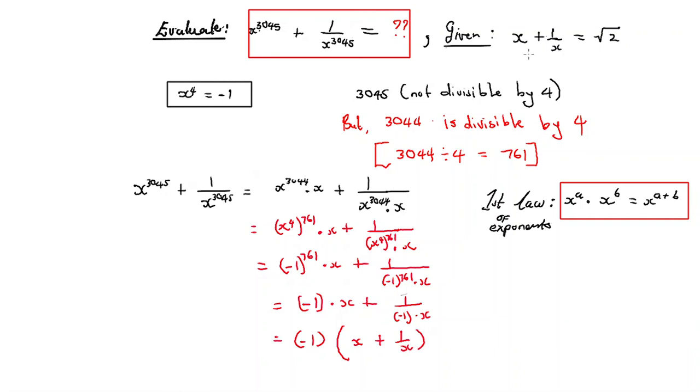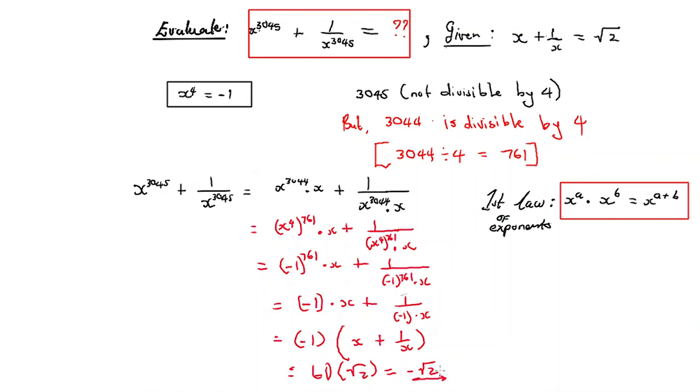As you recall, our given equation was x plus 1 over x equal to root 2, so we have a minus, in brackets, square root 2, so our answer is going to be minus square root 2.